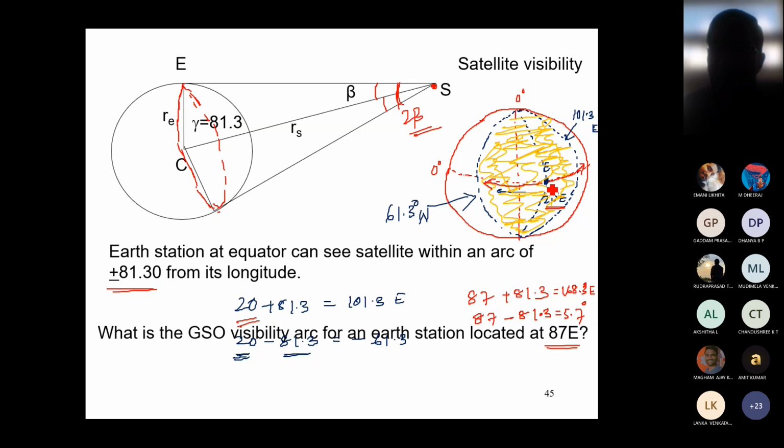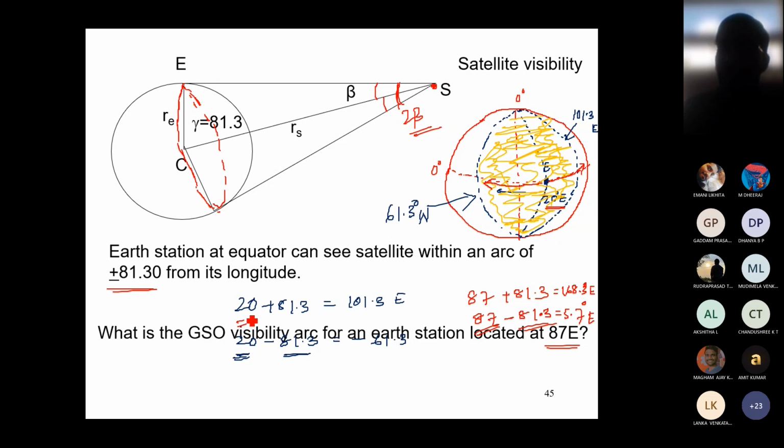The Earth station is located at 87, and you have to move westward by 81.3 degrees. From 0 degree longitude, your Earth station is at 87 degrees, and when you move back 81.3 degrees, you are still in the eastern longitude. So 5.7 degrees will be east.